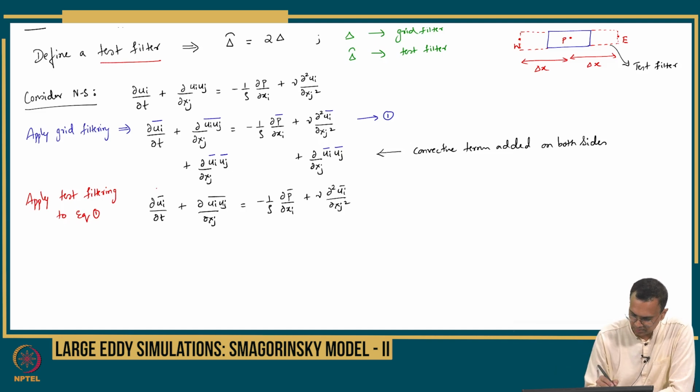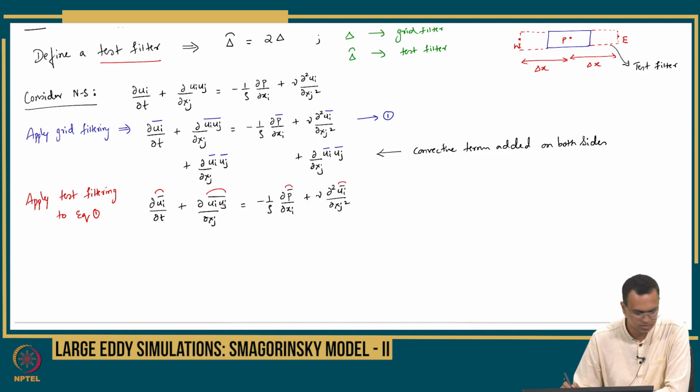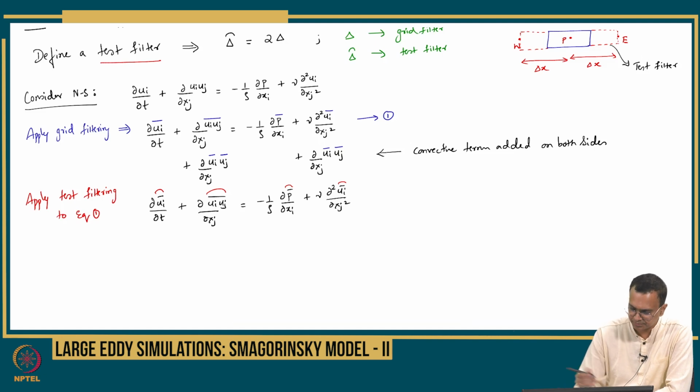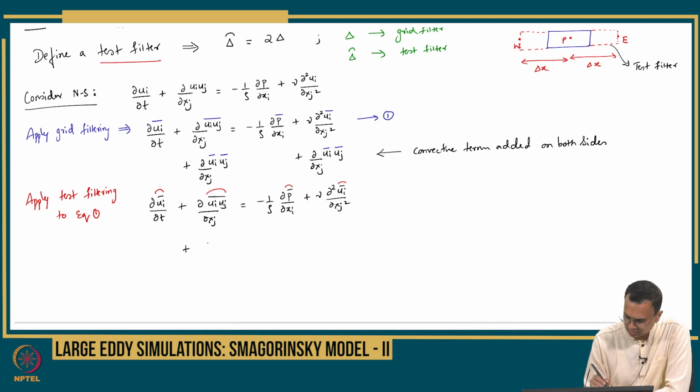So now I am going to apply test filtering on all this. Again, this equation does not have a convective part, so we add that again here, adding the convective term to this equation. So I have ∂/∂xj of ui bar uj bar.